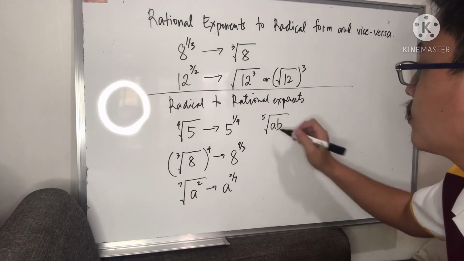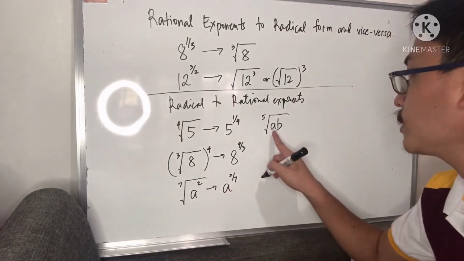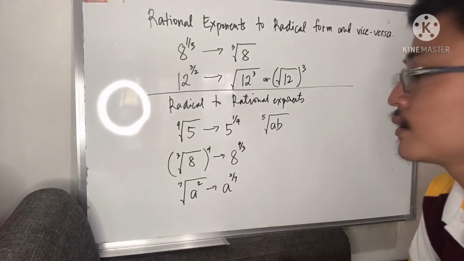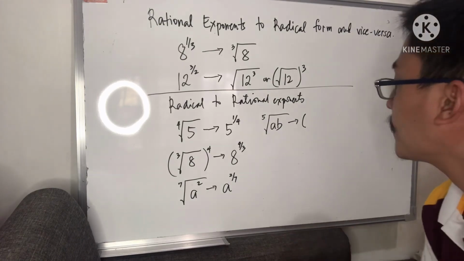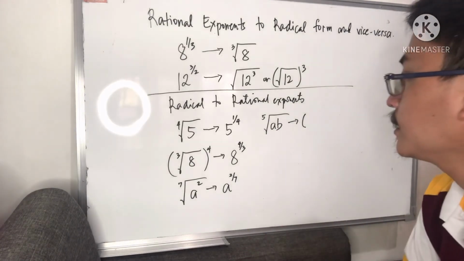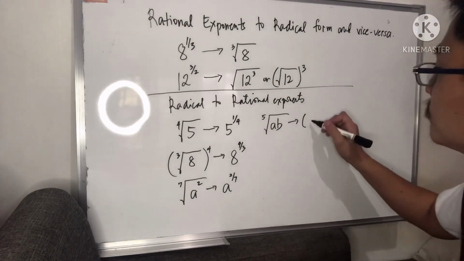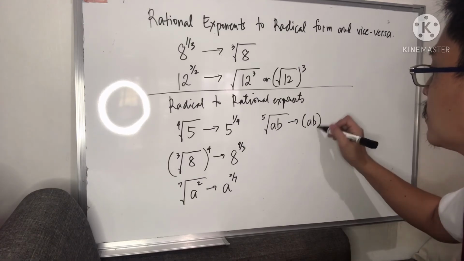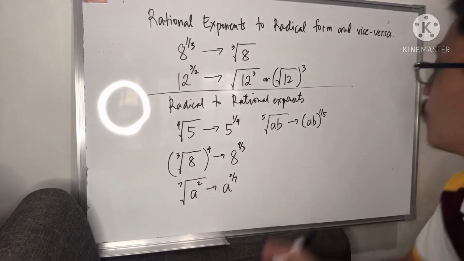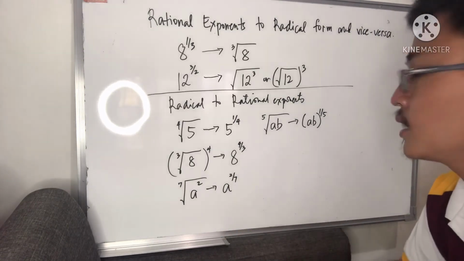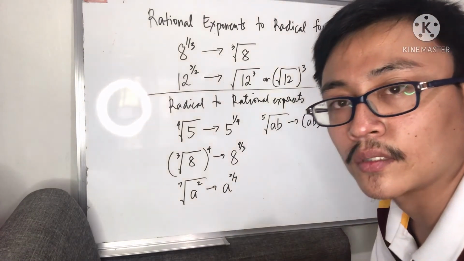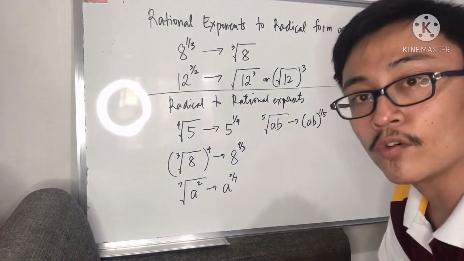The fifth root of AB. So, dalawang variable. Okay, so we can write it as, pwede tayong gumamit ng parenthesis kasi dalawang variable naman yung involved. So, that is AB raised to 1/5. So, ano na siya, rational exponents. That is how we write those given numbers.